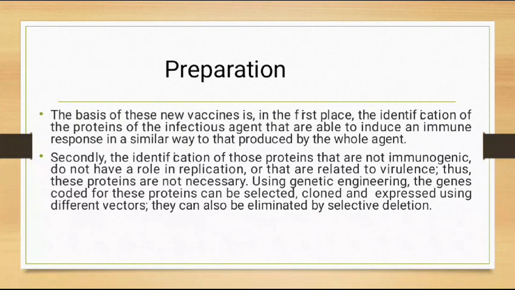Secondly, the identification of those proteins that are not immunogenic, do not have a role in replication, or that are related to virulence. Thus, these proteins are not necessary. Using genetic engineering, the genes coded for these proteins can be selected, cloned, and expressed using different vectors. They can also be eliminated by selective deletion.